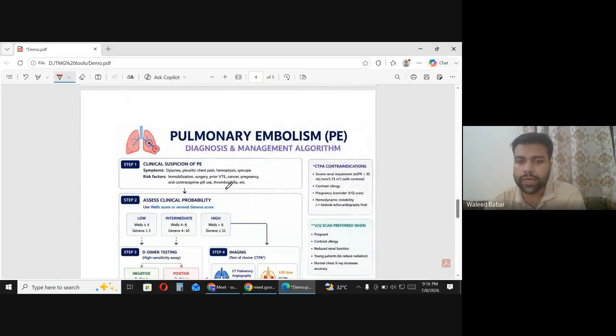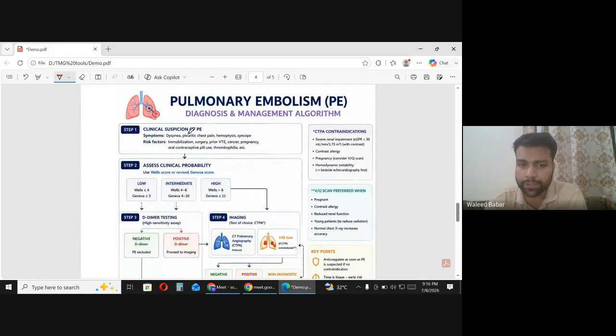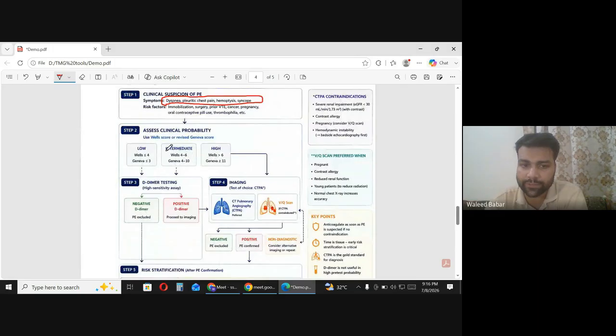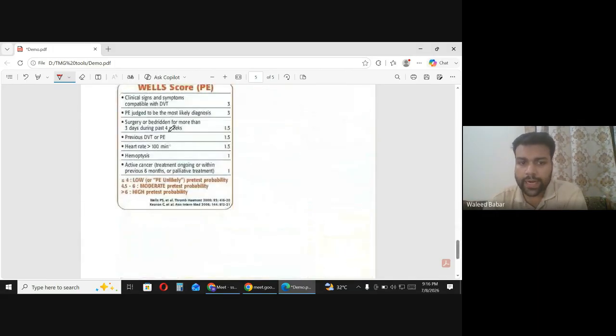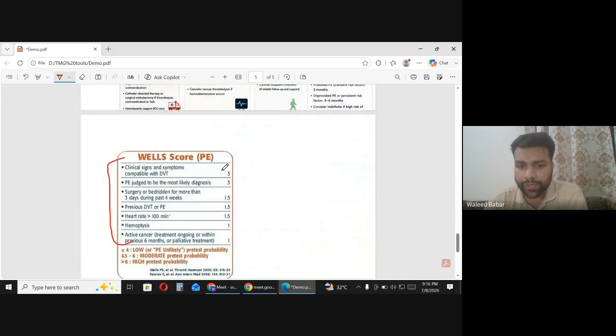So if you have clinical suspicion of pulmonary embolism on the basis of risk factors and signs and symptoms of dyspnea, pleuritic chest pain, and hemoptysis, you are going to assess the clinical pre-test probability via Wells score or revised Geneva score. So these are the factors and these are the allocated points for each factor, whether the patient has that or not.